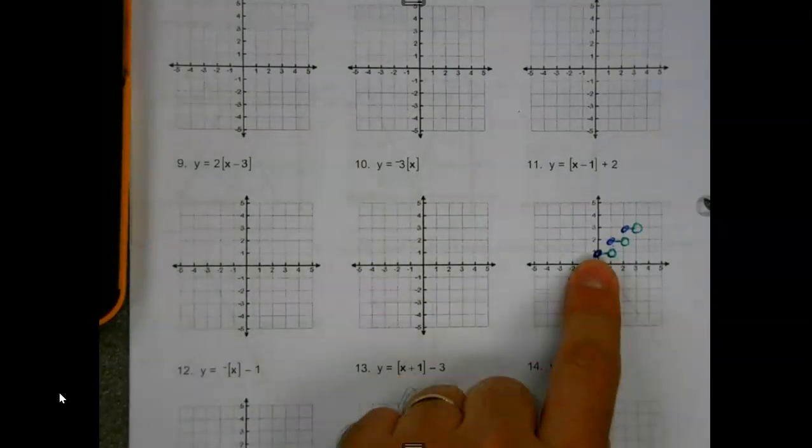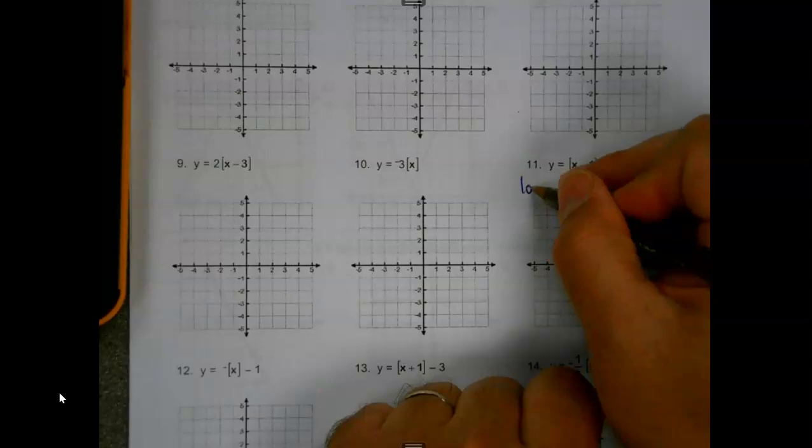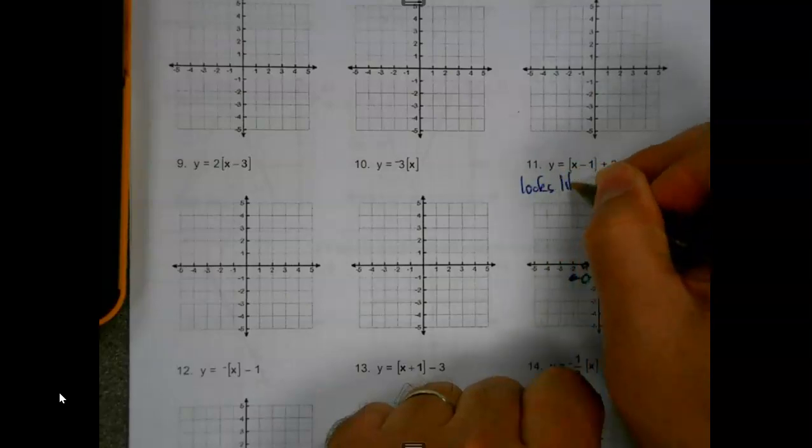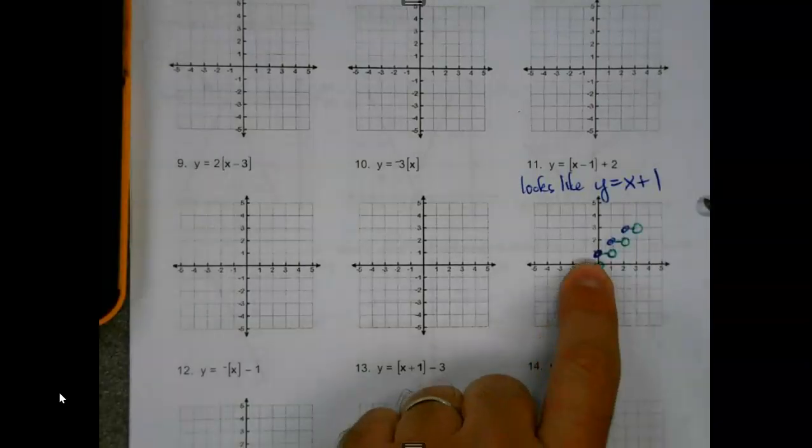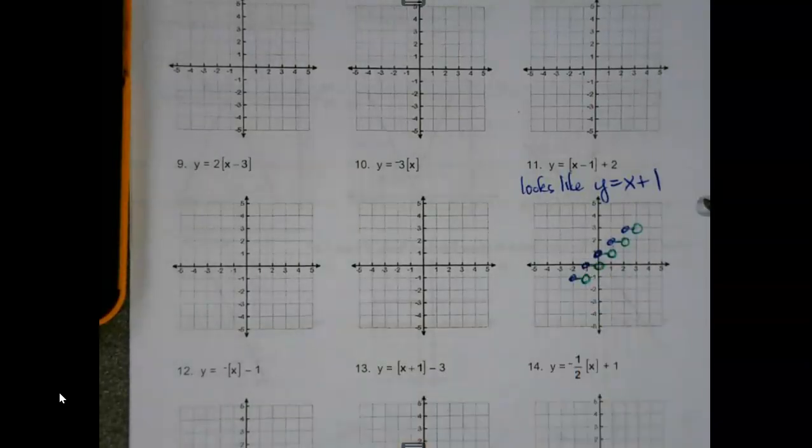Well, this looks like y equals x plus 1, because that's where the y-intercept is, right? So if I was in slope-intercept form, this is y equals x plus 1. Check this out. What's negative 1 plus 2? 1.